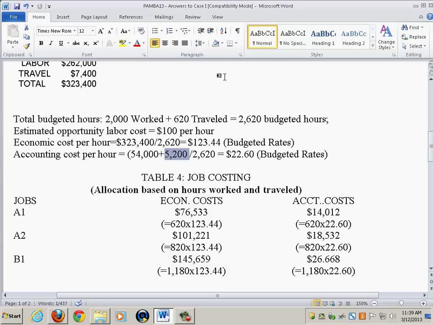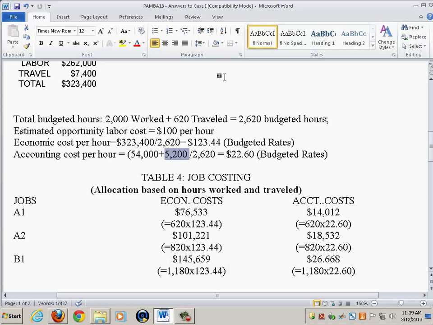An interesting aside here is that by deciding whether you pay yourself a salary, and how much you pay, you can manipulate your profit. You don't have to decide on $100 per hour. You can decide on $70 per hour.